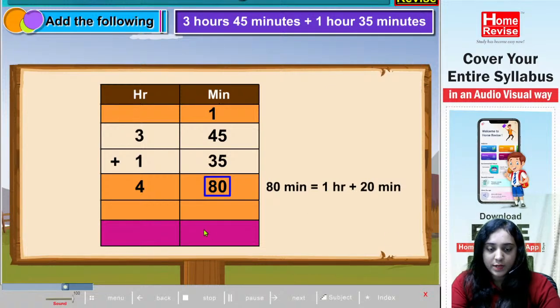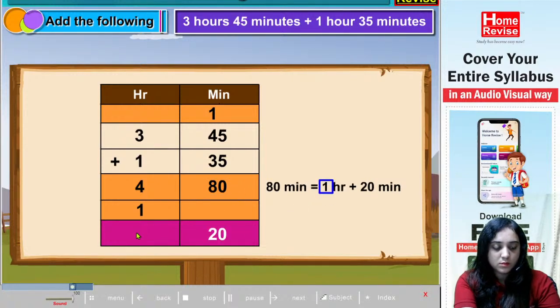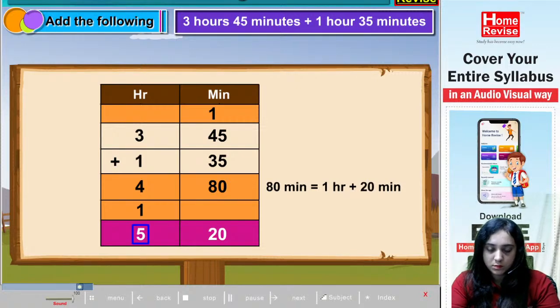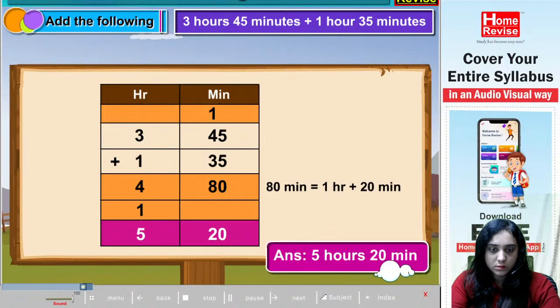Therefore, it means it is 1 hour plus 20 minutes. Therefore, we write down 20 in the minutes column and the 1 hour is carried forward to the 4 in the hours column. So 1 plus 4 we get 5. So now we have 5 in the hours column and 20 in the minutes column. Therefore, the answer is 5 hours 20 minutes.